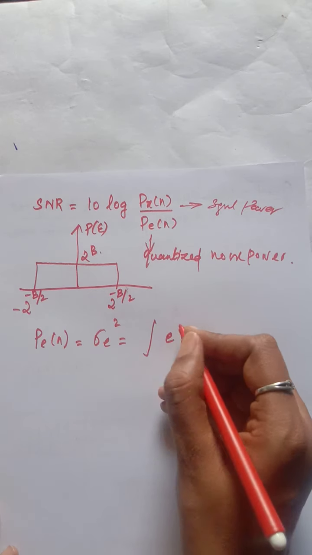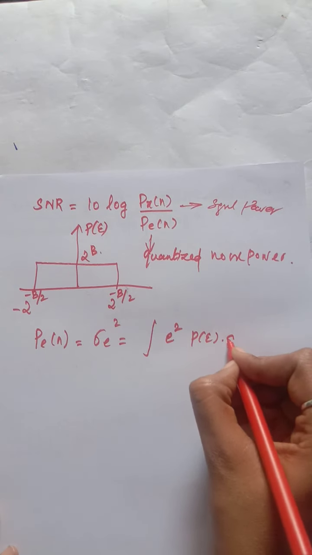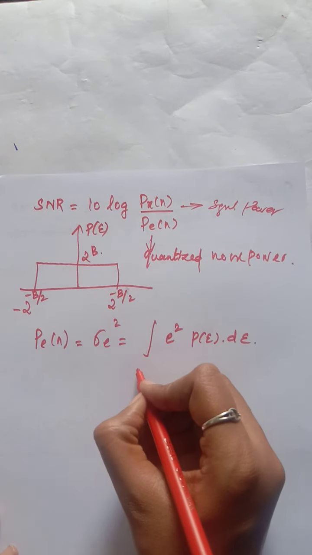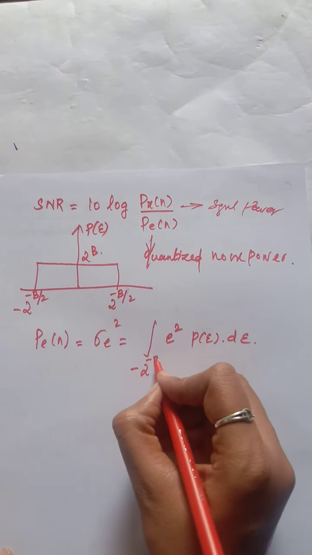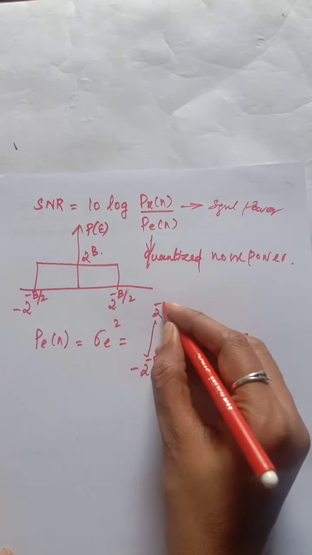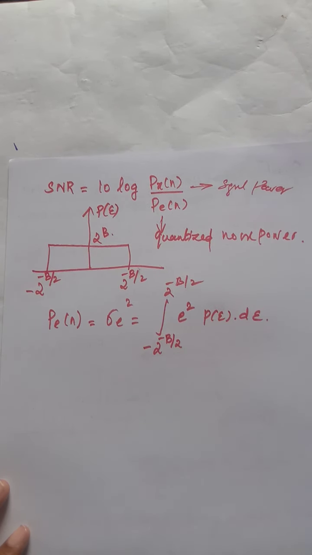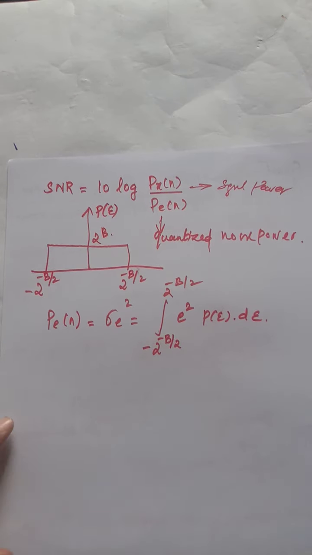In order to find this, that is the quantization error, we have to take e, that is the error, squared, multiplied by the probability of that error. And the limit is this range, minus 2 power minus b by 2 to 2 power minus b by 2. So this is the formula we need to use for calculating the quantization noise power.